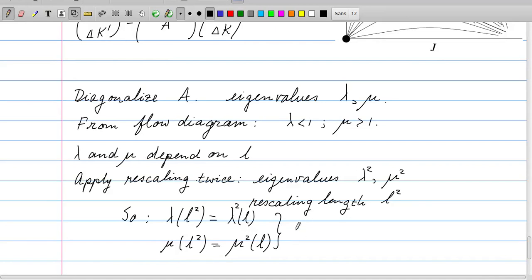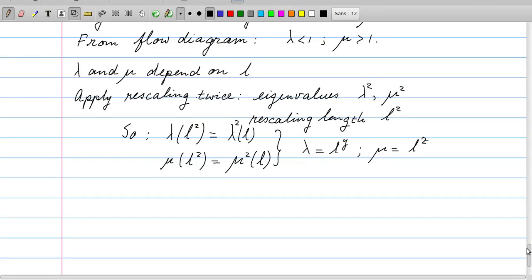And from this we can conclude that lambda should have the form L to the power y, and mu is L to the power z. Because lambda is smaller than 1, we have y smaller than 0, and we have z positive.